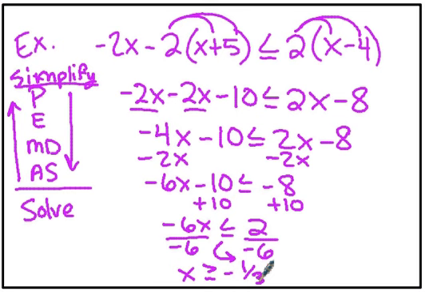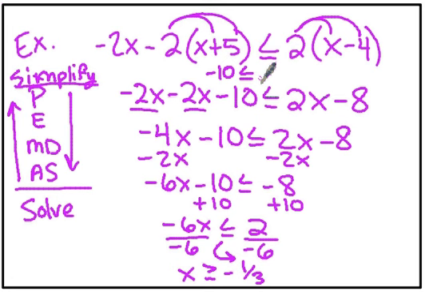Okay, so a number that's always real easy to check that's greater than a negative is 0. So we can plug 0 into the original. Negative 2 times 0 is 0, so it cancels that one out. 0 plus 5 is 5. 5 times negative 2 is negative 10.